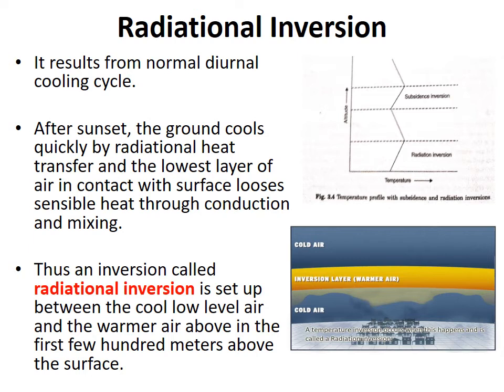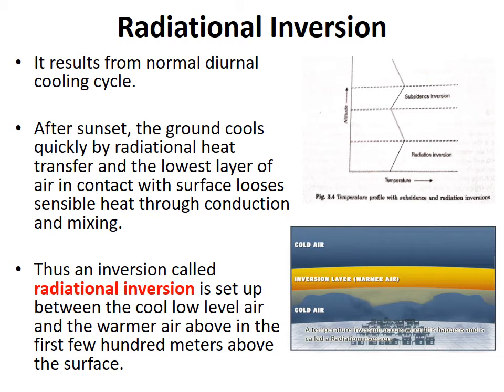But after sunset, the ground cools quickly by radiational heat transfer, and the lowest layer of air in contact with the surface will lose sensible heat through conduction and mixing.